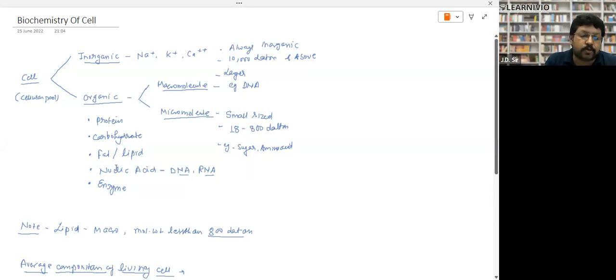So in our syllabus today, what we will discuss is protein, carbohydrate, fat or lipid, nucleic acid and enzyme, right? So first, please note down what are the biomolecules.